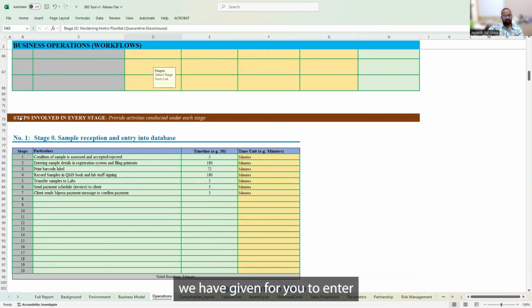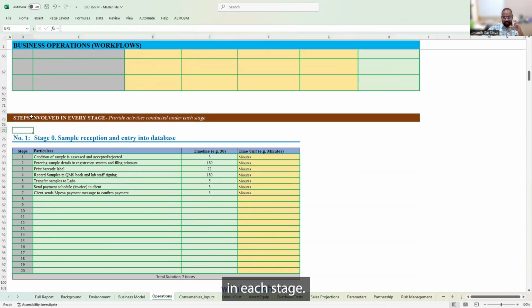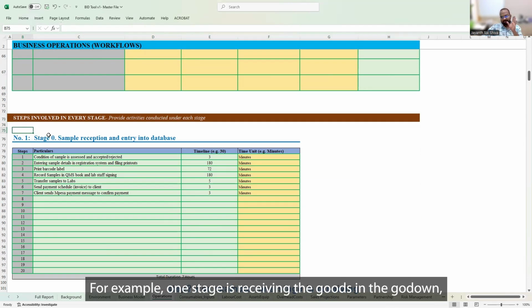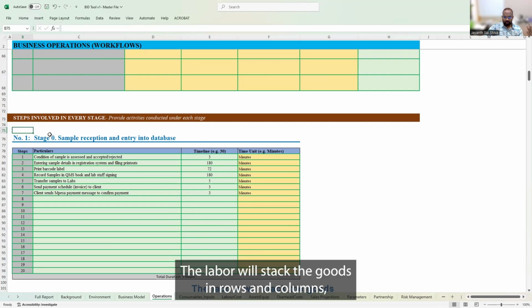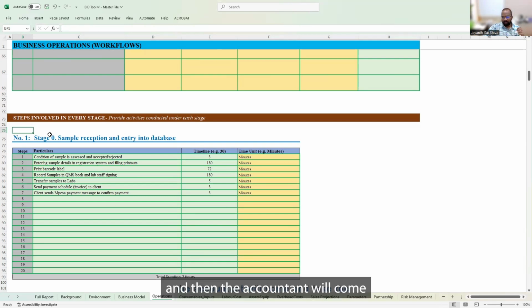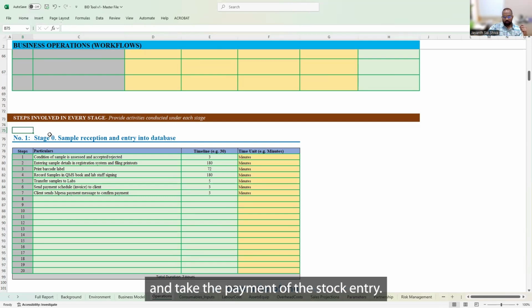Now, below that, we have given scope for you to enter within each stage what the steps involved are. What is the difference between a stage and a step? For example, one stage is receiving the goods in the godown, whereas the steps could be: the vehicle enters the godown, then the labor unloads the goods, the labor stacks the goods in rows and columns, and then the accountant comes and takes note of the stock entry.